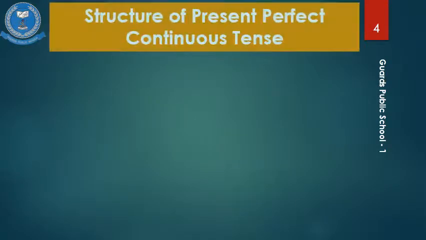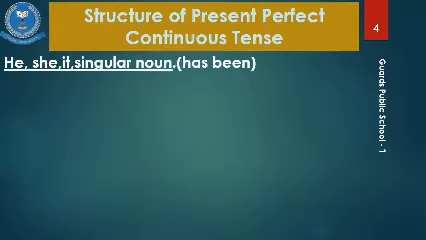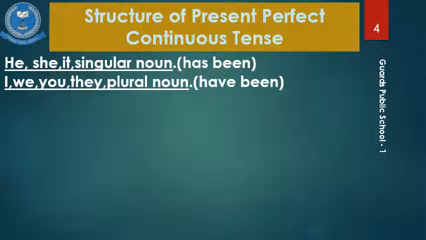This is the structure of present perfect continuous tense. We use has been with he, she, it, or a singular noun, and with I, we, you, they, or a plural noun, we use have been.